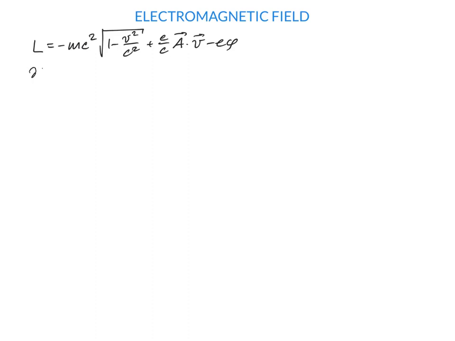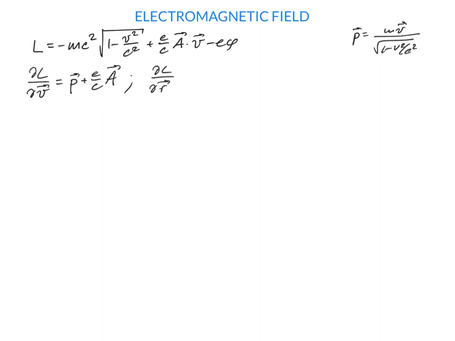So again, dL by dv, that's kinematic momentum p plus e over c A. Now, kinematic momentum is just mv over this square root. Now, to write the Euler-Lagrange equation, we also need dL by dr. What depends on r in the Lagrangian?